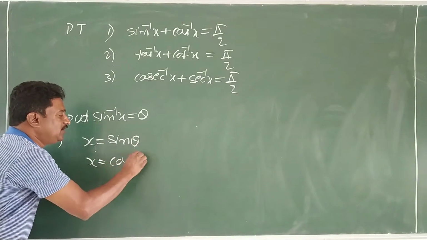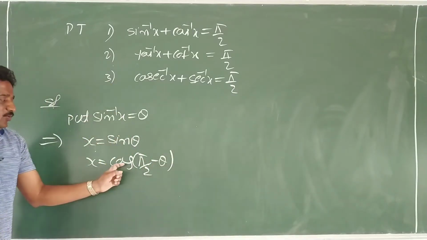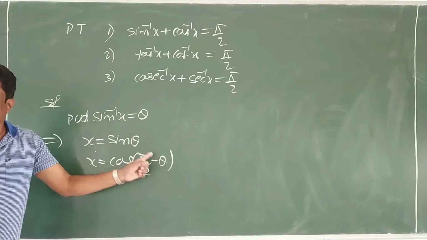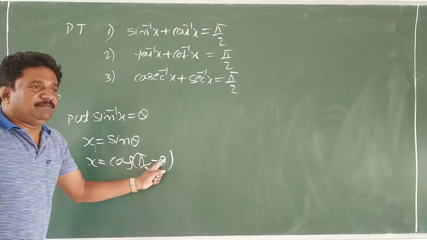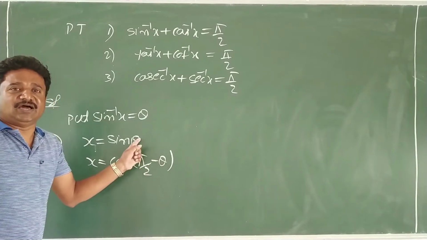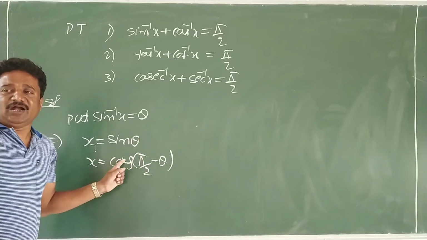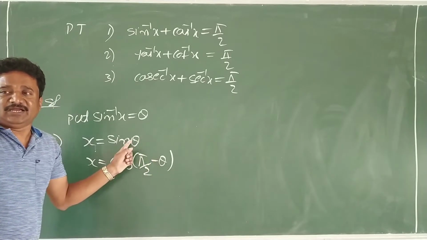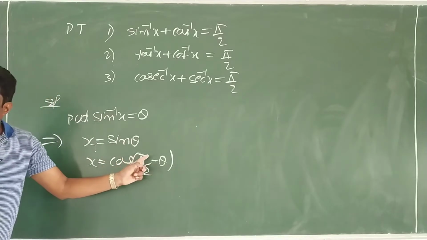So that is how you write 90 minus theta. What is cos of 90 minus theta? Sin theta. Cos 90 minus theta is sin theta. Sin 90 minus theta is cos theta. Tan 90 minus theta is cot theta. Cot 90 minus theta is tan theta. For a change, you go for using 90 minus.